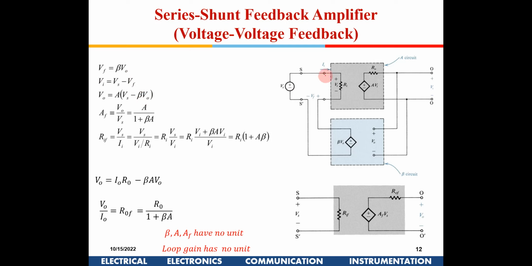This voltage is Vs minus Vf. That is what we have written here, right? Vf is beta times V0, and we are substituting that. And this voltage is multiplied by A. The open loop gain of this particular box is A, so I'm multiplying it with A.